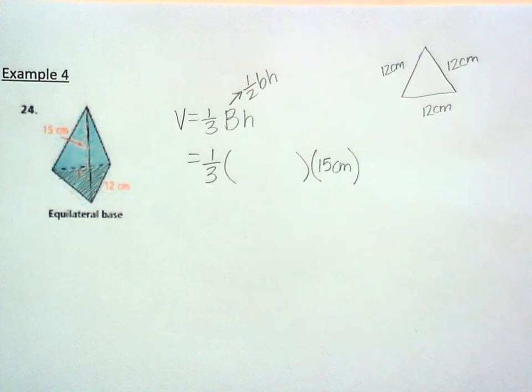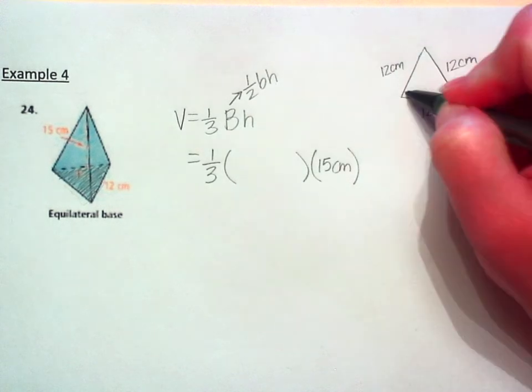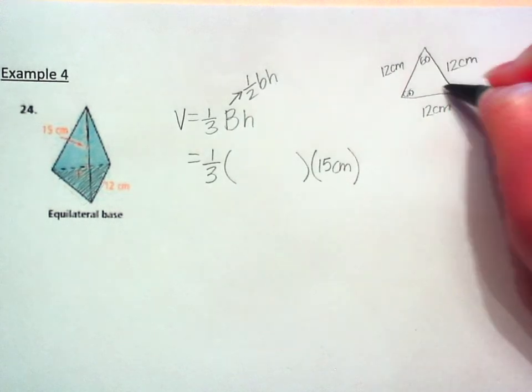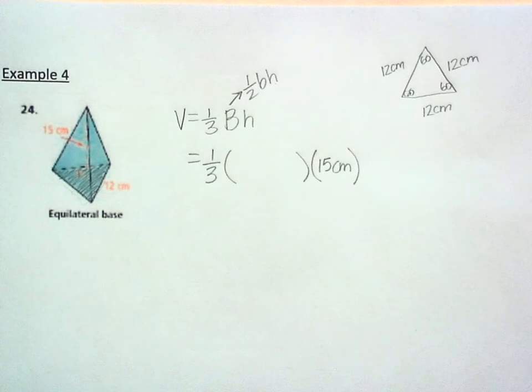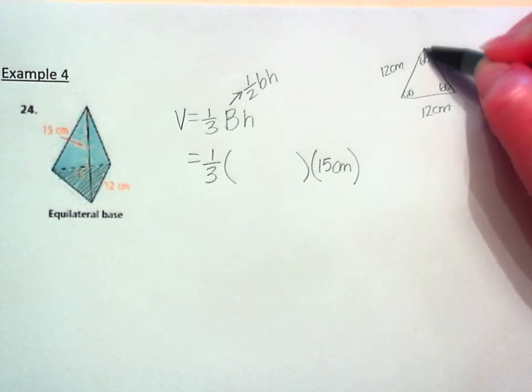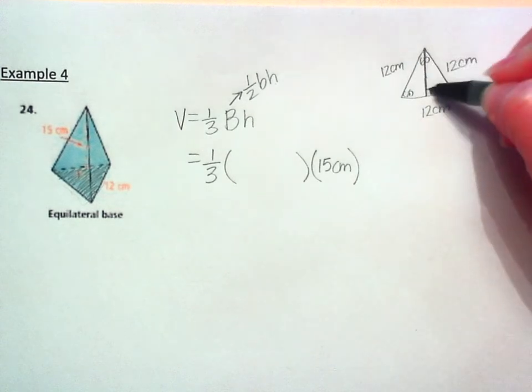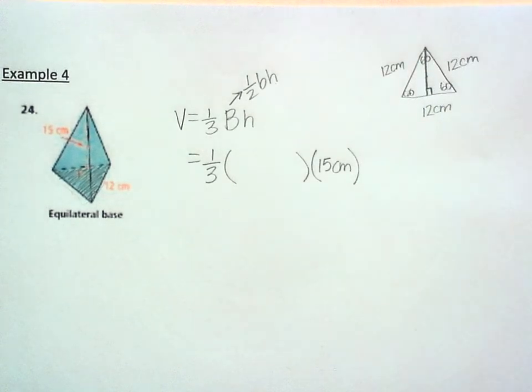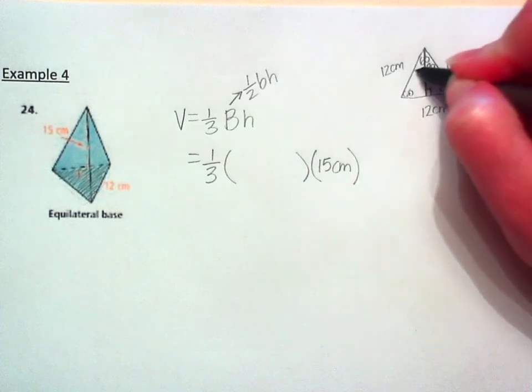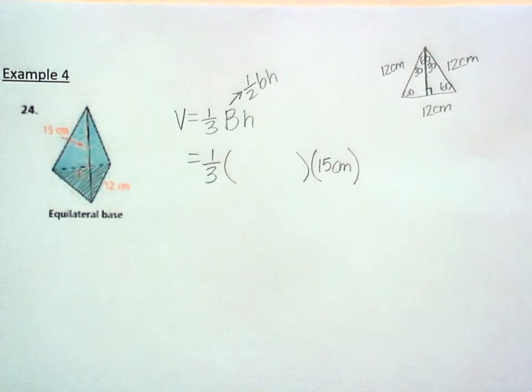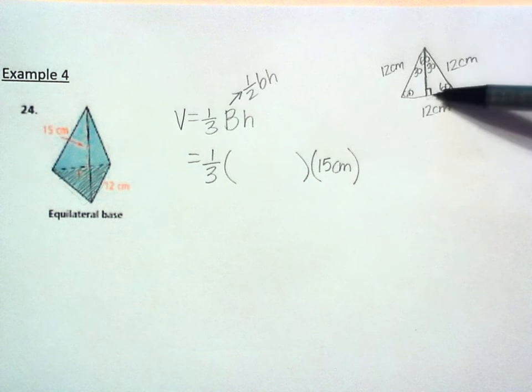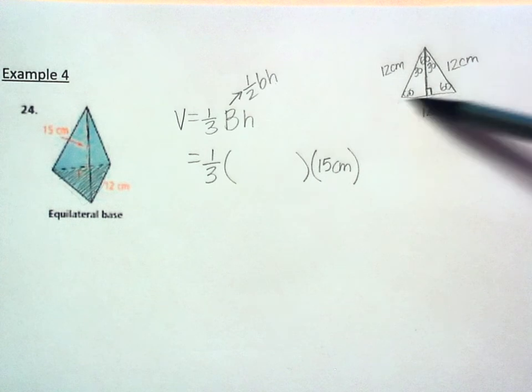Also, equilateral triangles always have three 60-degree angles. And then I'm going to drop down a height. Height has to be perpendicular to the base. What that does is it splits that 60 into 30 and 30. So I have a 30, 60, 90 triangle and a 30, 60, 90 triangle.